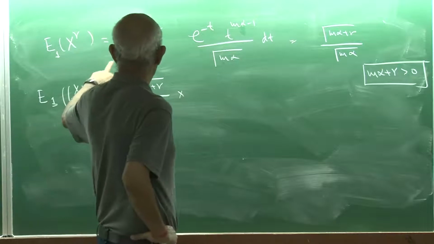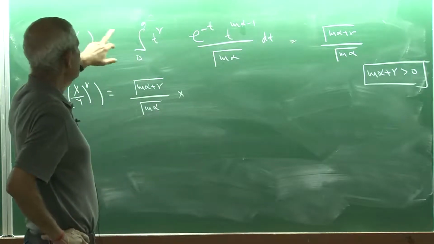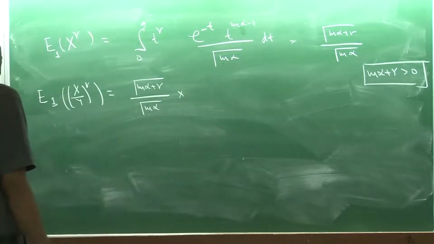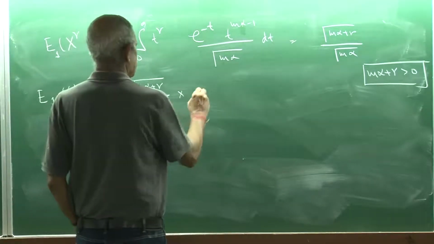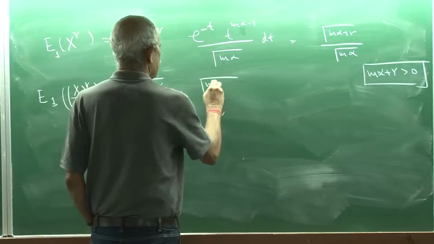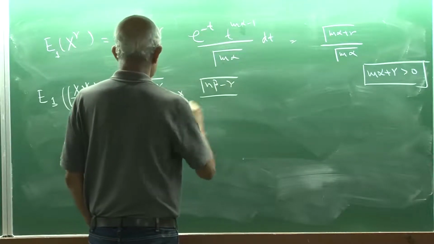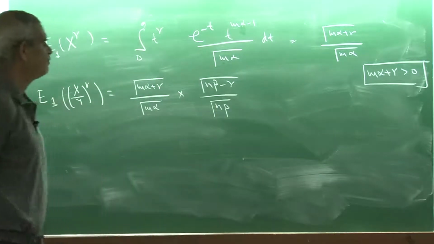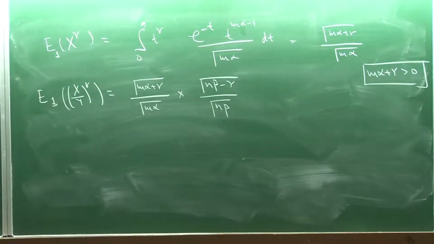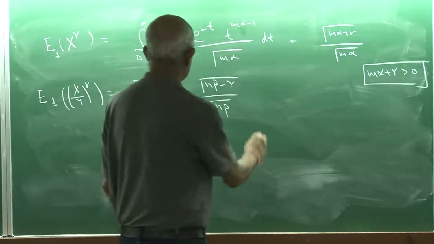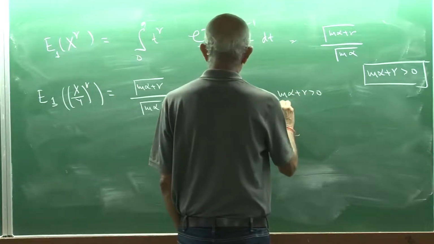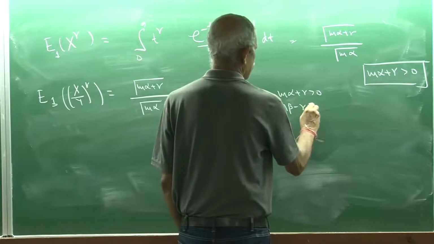Here, in place of r, minus r would come because y is there, so m alpha would get replaced by n beta. So this is gamma of n beta minus r by gamma of n beta. What are the conditions? m alpha plus r should be positive, n beta minus r should be positive.